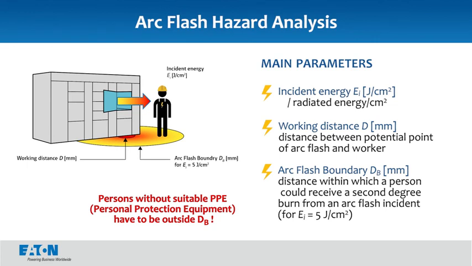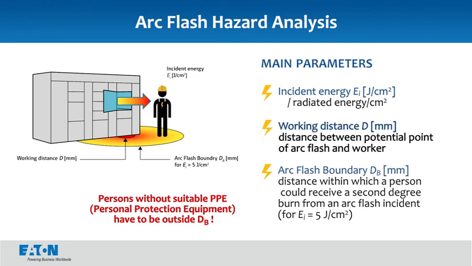Arc flash hazard analysis provides measurable values which are needed for arc flash risk assessment. The main parameters are incident energy, working distance, and arc flash boundary. Incident energy is a measure of thermal energy at the working distance from the arc fault. It is measured in joules per centimetre squared.